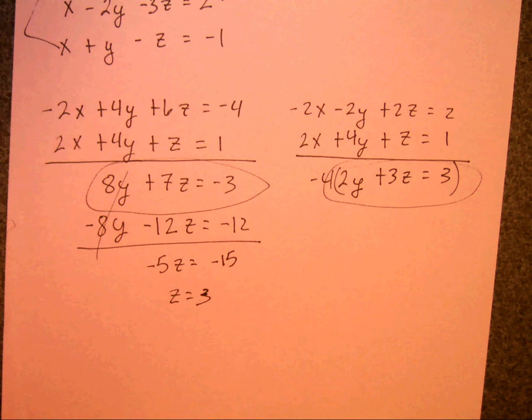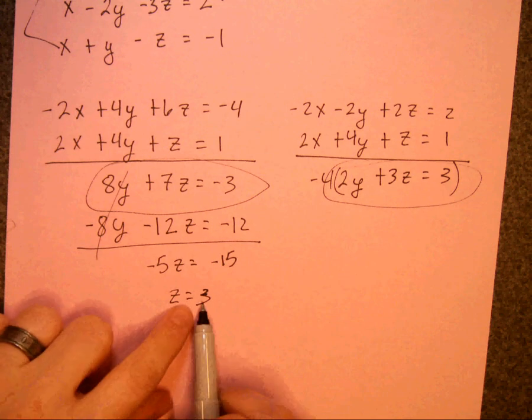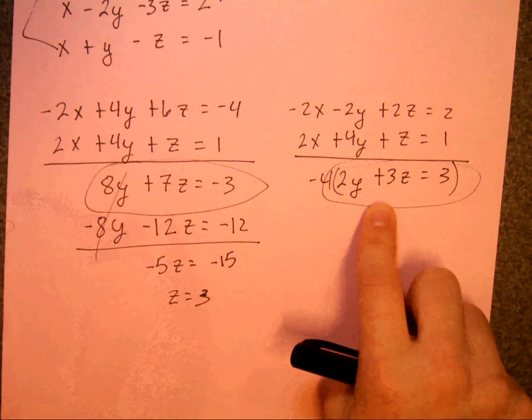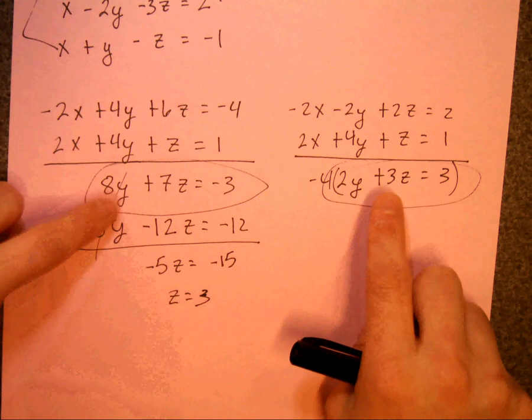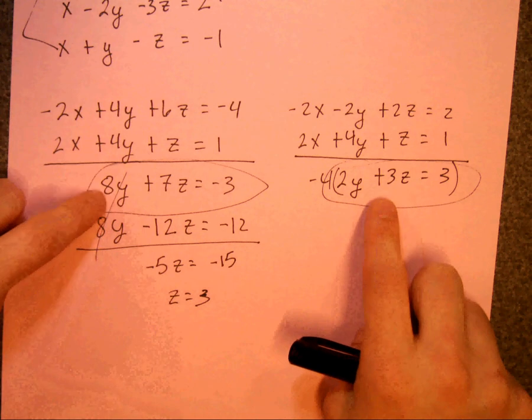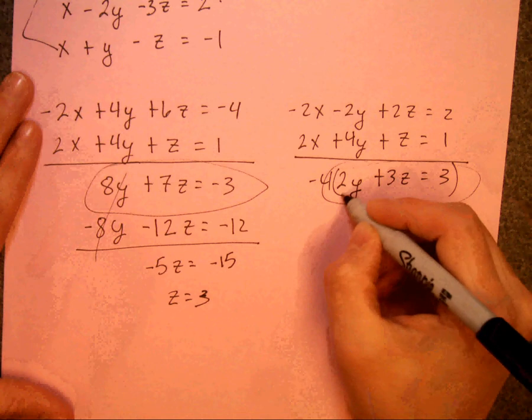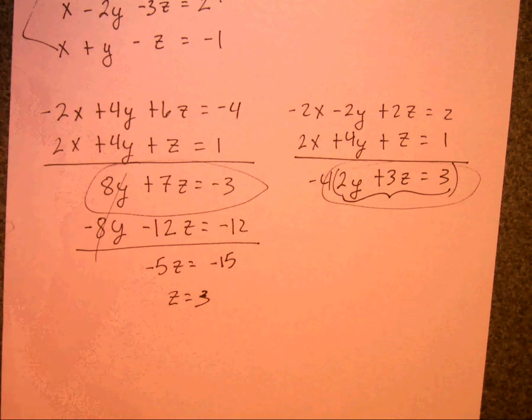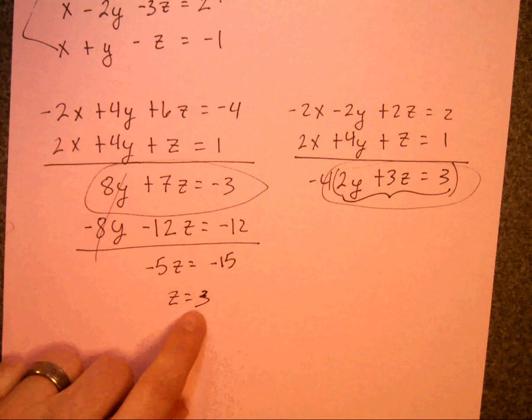So I know what z is. So going back, I have equations with just y and z. So if I plug in z, that'll tell me what y is. It doesn't matter which equation I plug into, I just need to pick one. So I'm going to pick this one right here, just because it has smaller numbers. You can use the other equation and get the same exact value. So I'm going to plug in 3 for z.